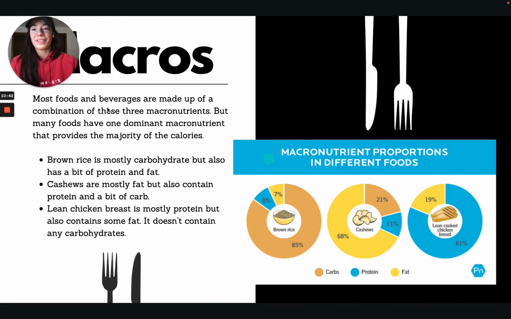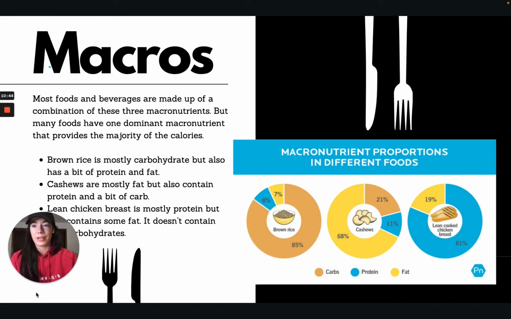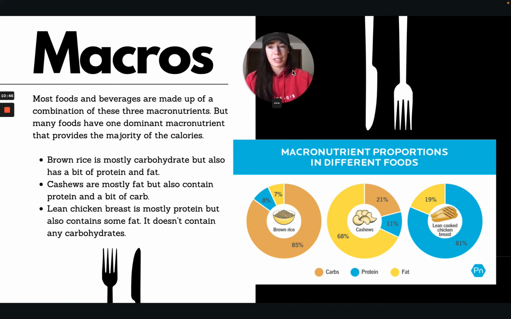All right, moving on from there, we're going to talk a little bit more about macros. Most foods and beverages are made up of a combination of macros, so it's super unlikely that you're going to find a food that only has one type of macro, but whatever it contains the most of is what it would be considered.